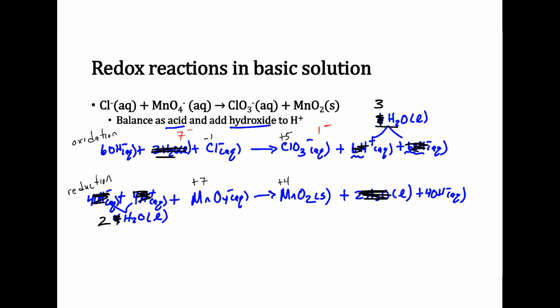So that means that we need to add 6 electrons to the products. Whereas for our reduction reaction, we have a total of a -1 charge in the reactants, and we have a total of 4- in the products. So that means we need to add 3 electrons.